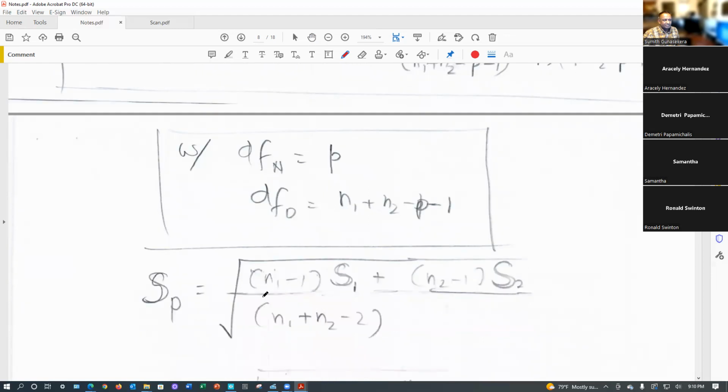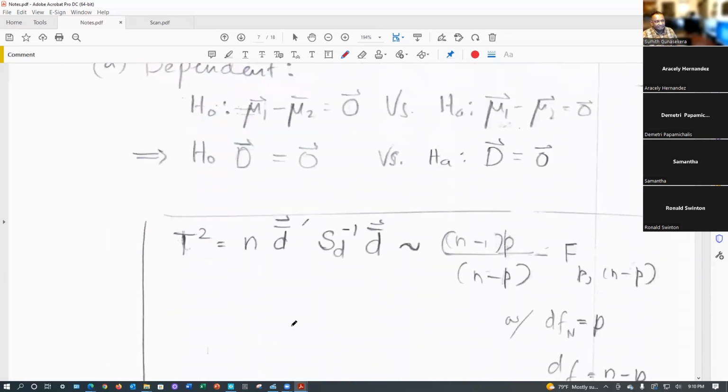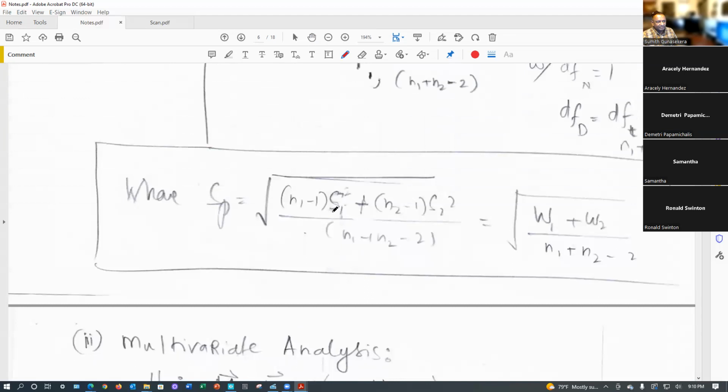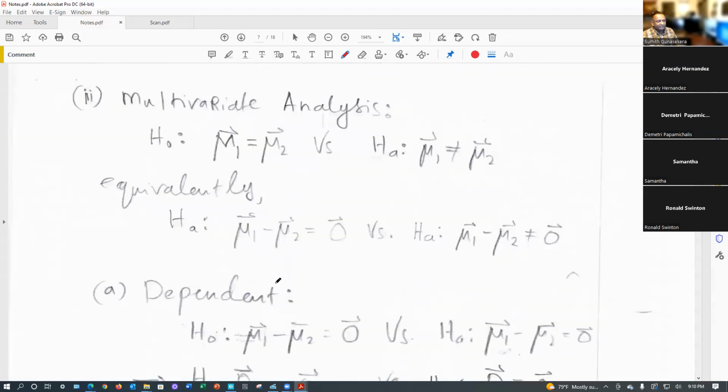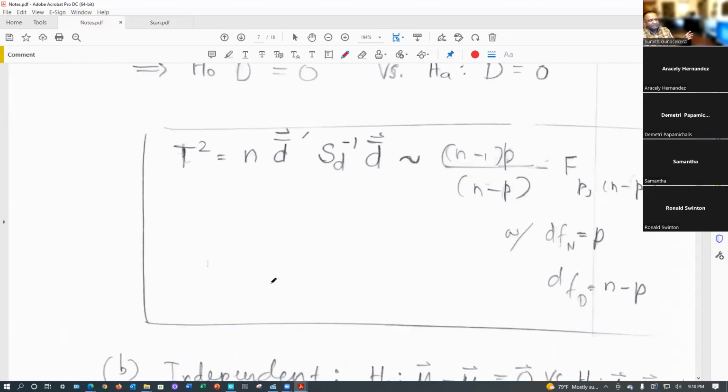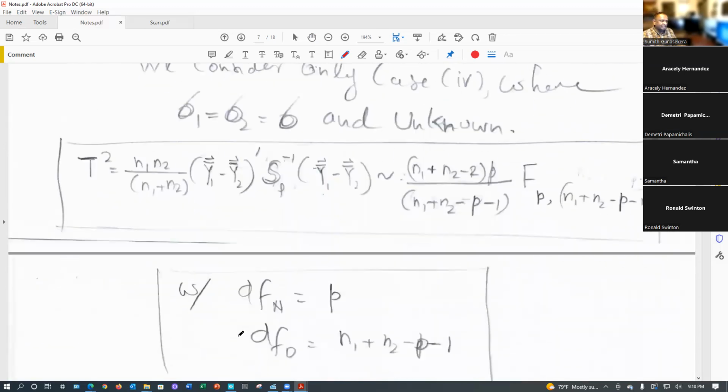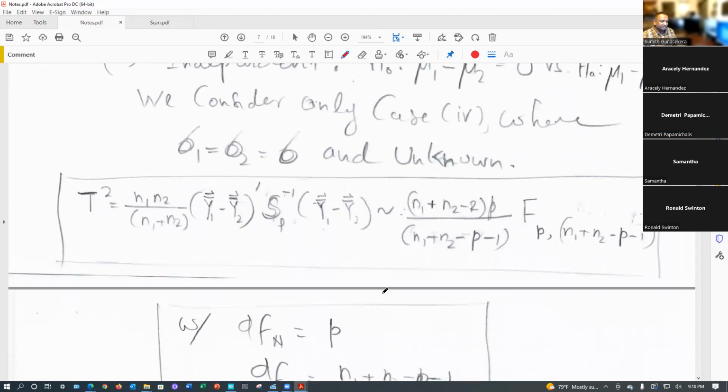And SP is N1 minus 1 times the covariance matrix of the first group plus N2 minus 1 times the covariance matrix of the second group, divided by N1 plus N2 minus 2. But instead of a single number as in the univariate case, we don't have a number now because several variables are taken into account in the first group.